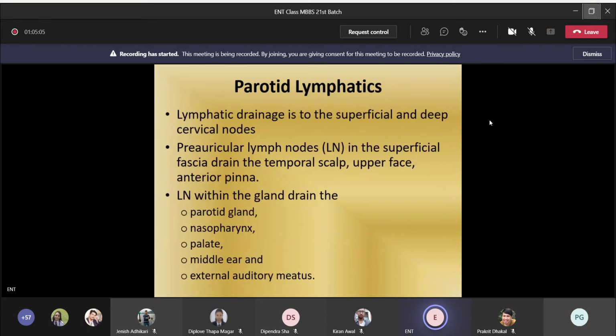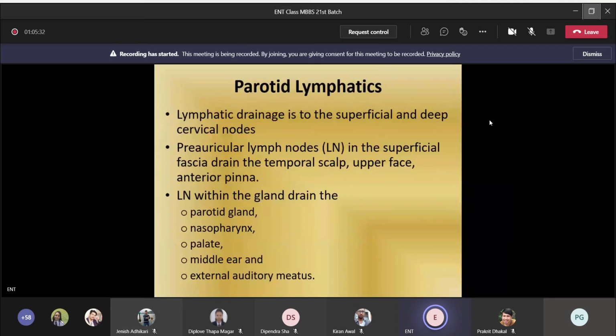Parotid lymphatics. Lymphatics drain into the superficial and deep cervical lymph nodes. Preauricular lymph nodes in the superficial fascia drain the temporal scalp, upper face, and the anterior pinna. Lymph nodes within the gland drain the parotid gland, nasopharynx, palate, middle ear, and external auditory meatus.